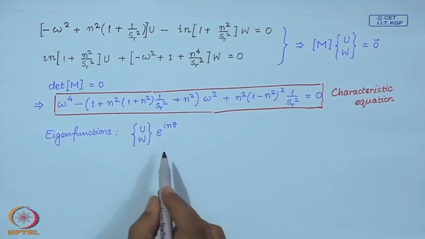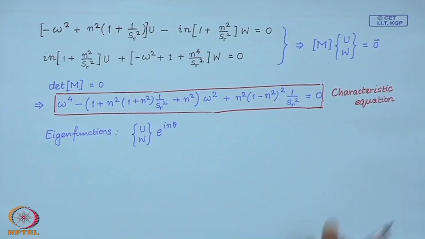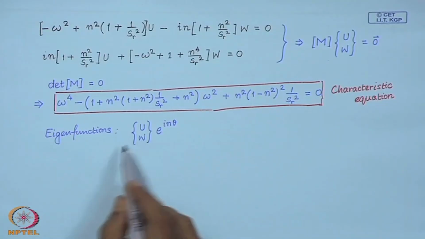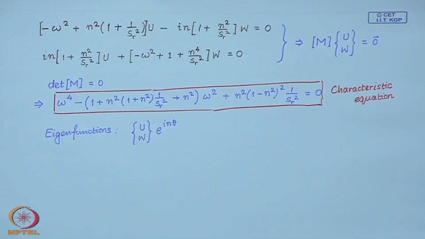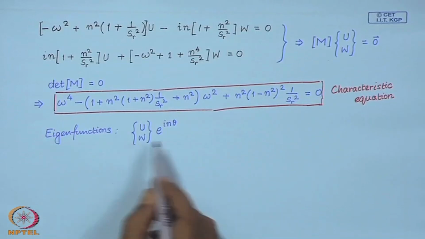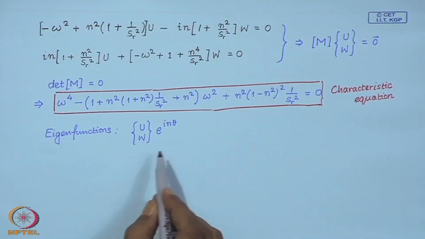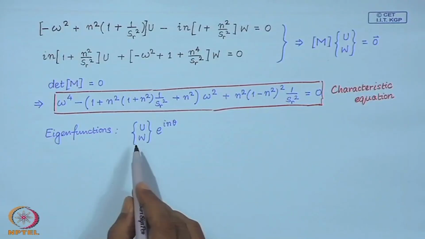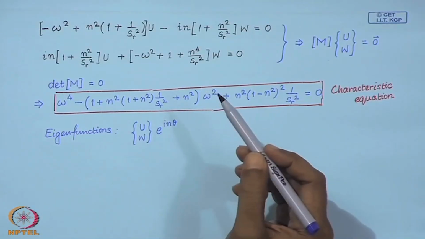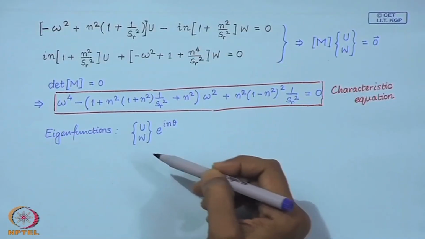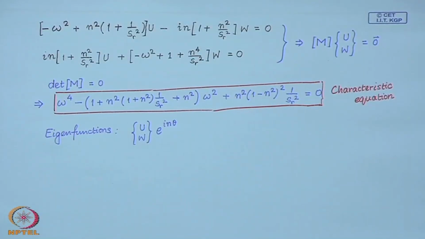Now, we have discussed already that when you have complex eigenfunctions, both the real and the imaginary parts of this can be the eigenfunctions, and so what we can conclude is that for a given eigenfrequency we can have more than one eigenfunction. This is called degeneracy.